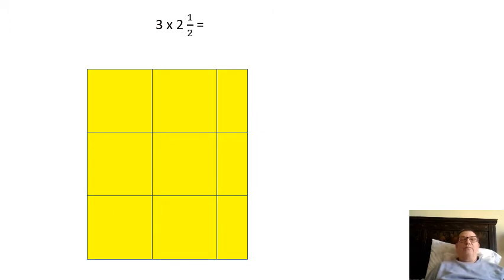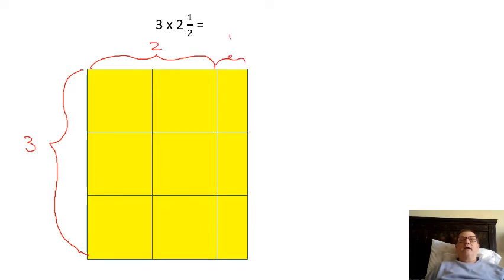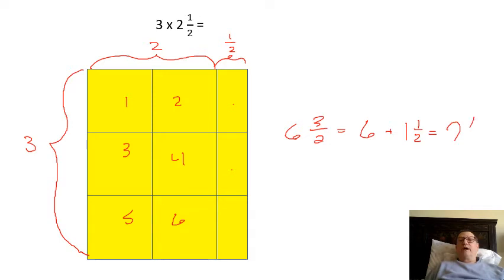Okay, now this time you can see we have 3 times 2.5. So I have 3 rows, and here I have 2 wholes, and I have a half. Now if I were to count the tiles, it'd be 1, 2, 3, 4, 5, 6 wholes, and 1, 2, 3 halves, which we know would equal 6 plus 1.5, which equals 7.5.